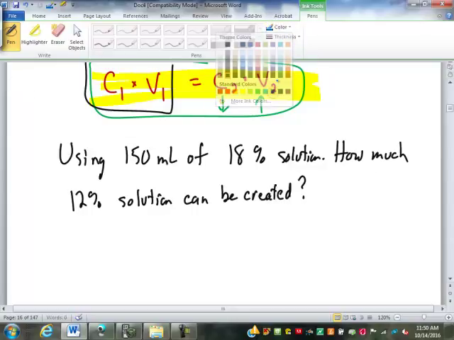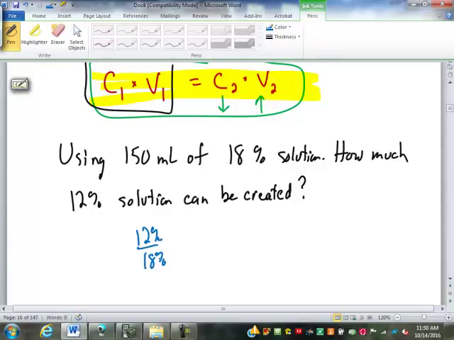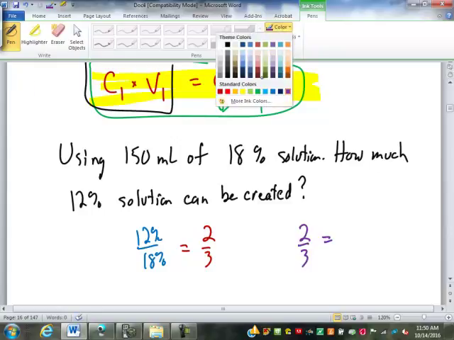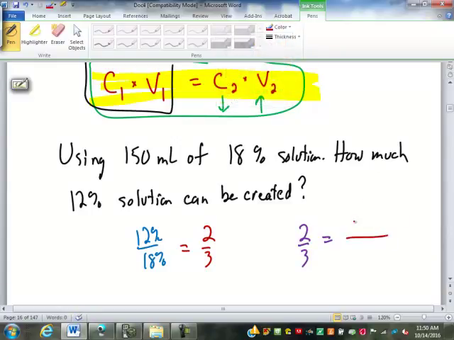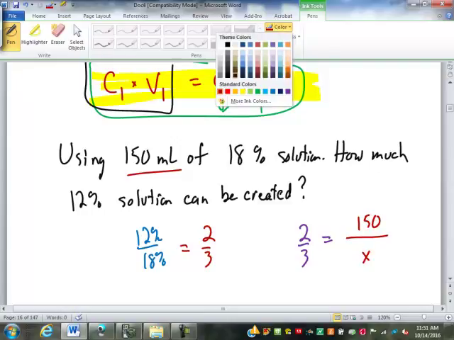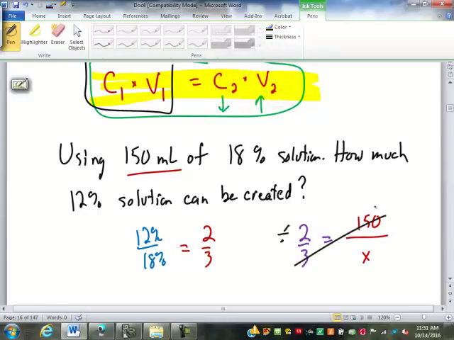Now we could do this with our dilutions before where we just had 12% over 18%, which reduces, giving us a 2 in 3 dilution. And if we have a 2 in 3 dilution, the old volume of 150 would be the smaller number, right? That is the concentrated volume over whatever our new volume is. Cross, multiply, and divide. 3 times 150 divided by 2 is 225 milliliters.